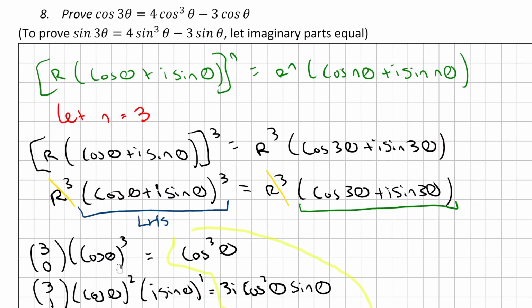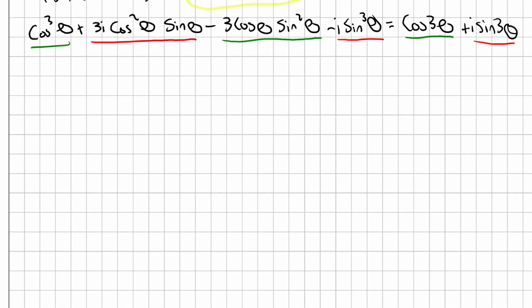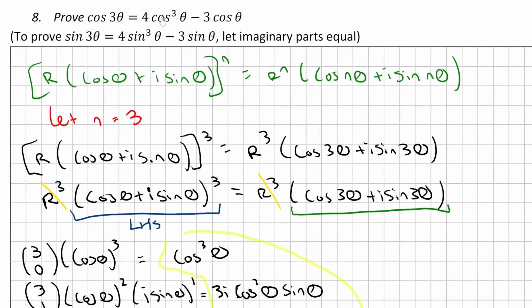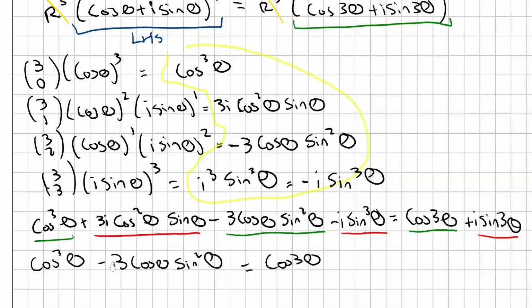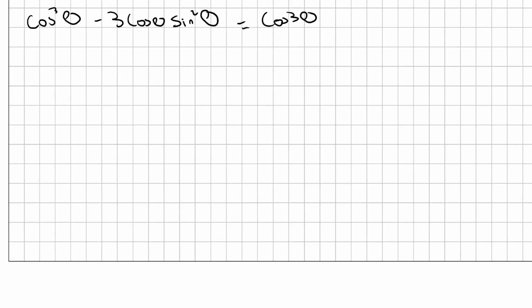If we're proving the sine, we leave the imaginary equal to imaginary. Everything real in my example here is underlined in green. Let's rewrite it out again: cos cubed theta minus 3 cos theta sine squared theta is equal to cos 3 theta. What we're trying to prove at the beginning has no sines, so this is just an important trigonometric proof we must remember.